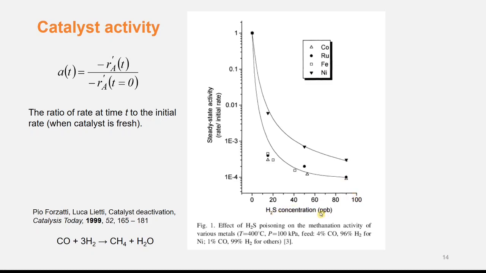Note that the units on the x-axis are parts per billion. With that very small amount, 0.1 parts per million, can reduce the activity to less than 0.1%. Even a few parts per billion can cause a loss of activity of between 90% and 99%.